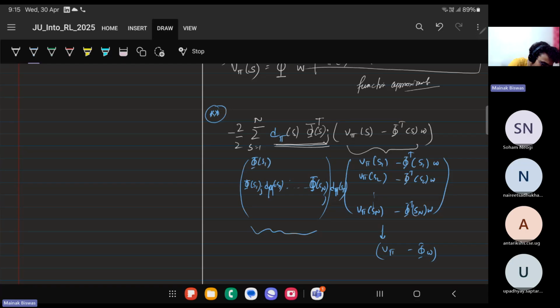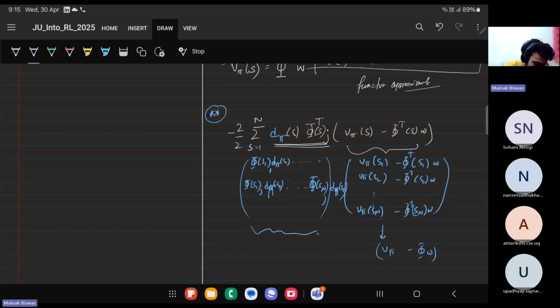Phi S1 into d. We cannot just take a single vector, because you cannot write a vector-matrix multiplication to get a vector.